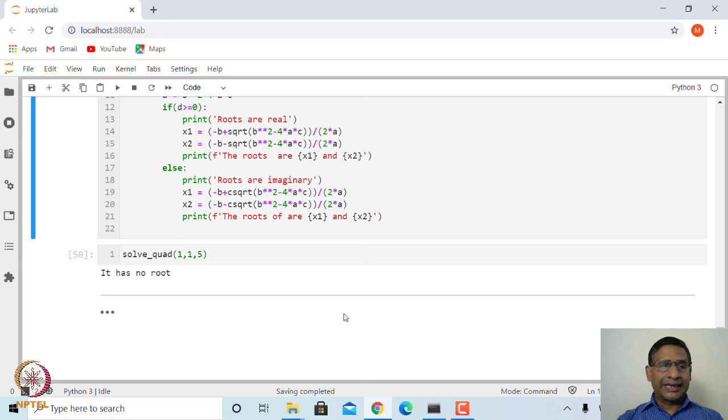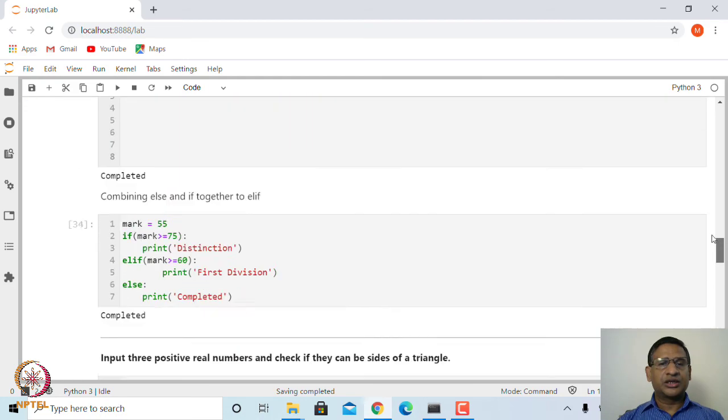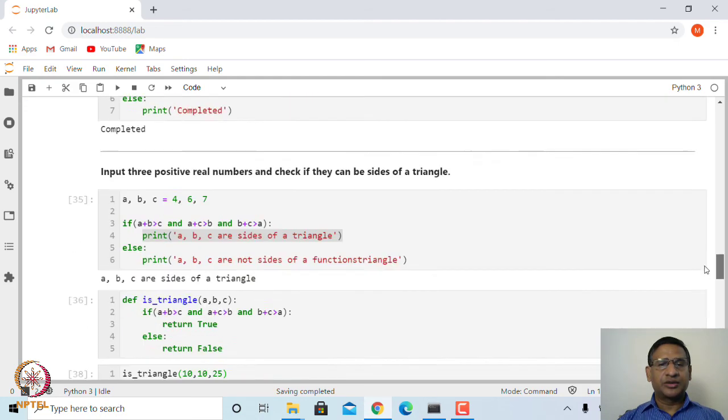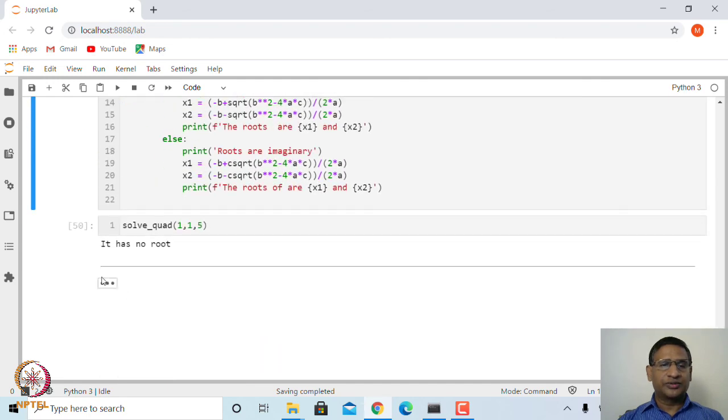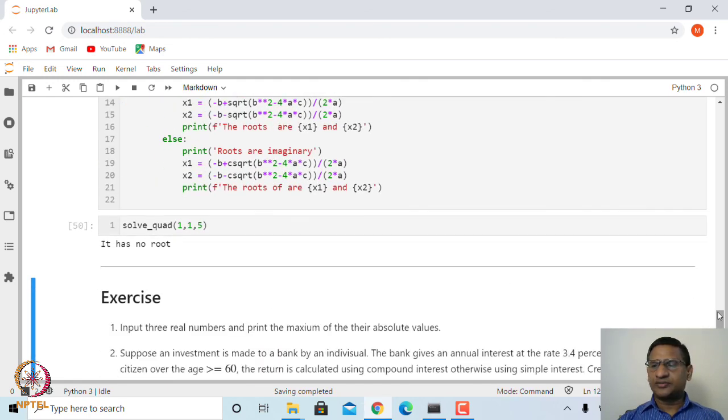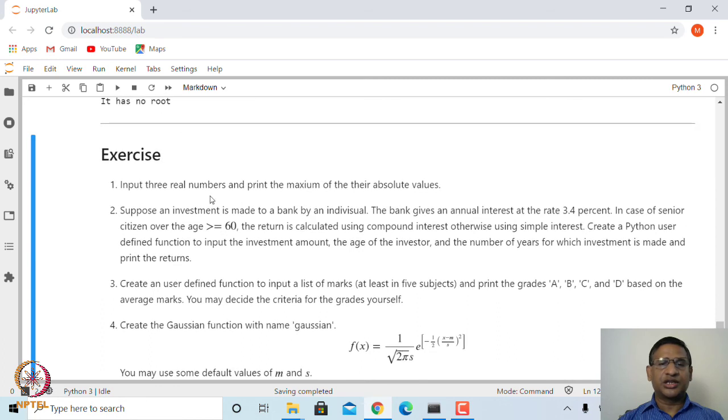Now, before I end, let me leave you with some simple exercises which will make use of creating user defined functions based on certain conditions. Okay. So, these are the few exercises. The first exercise is input 3 real numbers and print the maximum of their absolute values. The absolute value you can get from the math module.